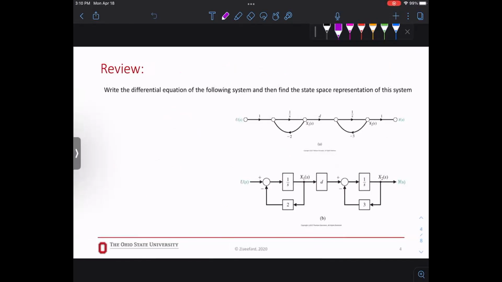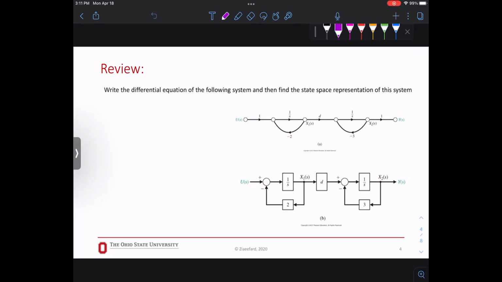Previously, and also in your exam, I think it was exam 1, if you have a block diagram, you can write the differential equation from it. If you have a flow diagram, you also can write the differential equation from it. All you have to do is figure out where the states of your system are. Let's say x, x dot, x1, x dot 1, x2, x dot 2.